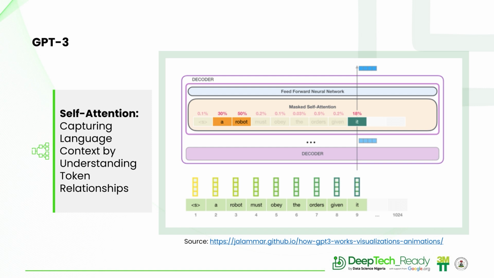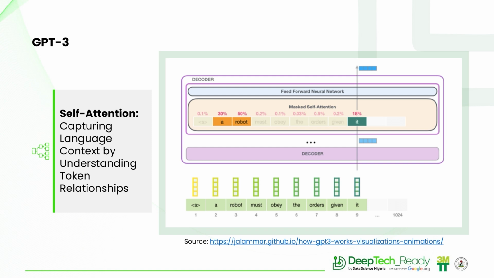It calculates a score for the relationship between tokens, expresses this relationship in vector form, and helps in adjusting the word representation accordingly. This way, GPT-3 can capture the background and context of the language, making sense of complex references like "it" and such others.